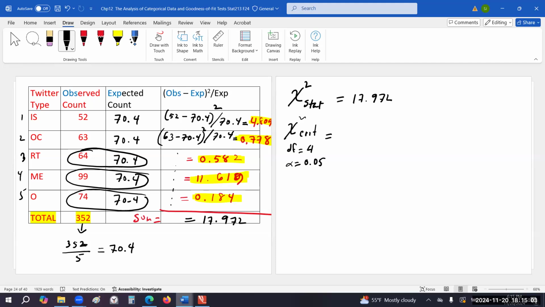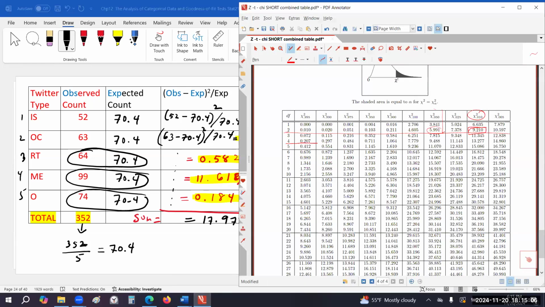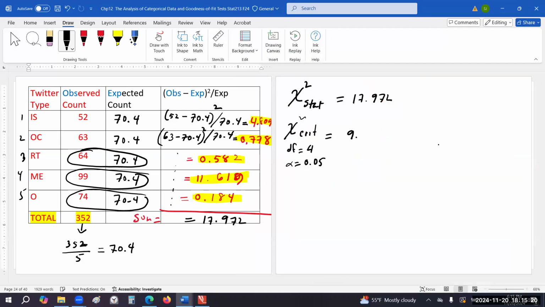So 4 is here, 0.05 is here. 0.05 and 4 gives 9.488. Carry out the hypothesis test. The critical value is smaller than the statistic. So we reject. Good job. We reject the null hypothesis.